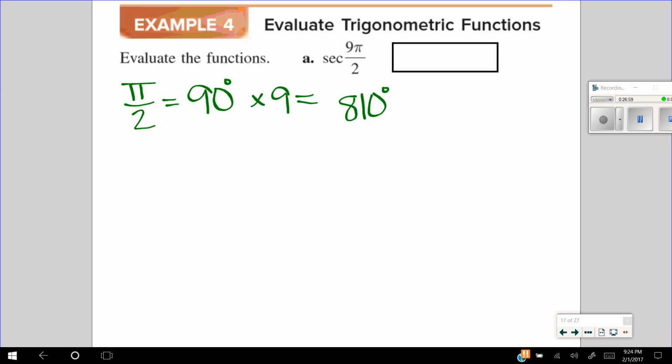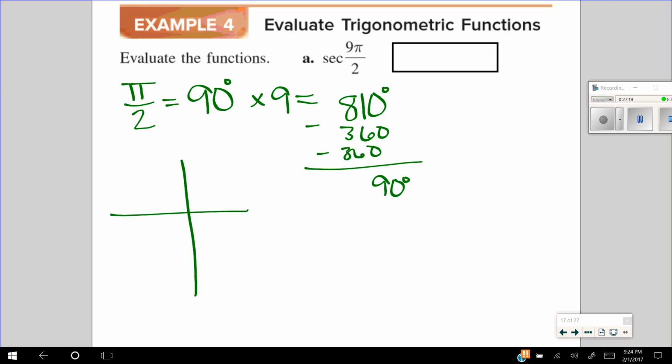So where the heck is that? Well, I'm going to find what it's coterminal with. If I subtract 360, I get 450. So then I'm going to subtract another 360. And I get that this is actually just a 90-degree angle.